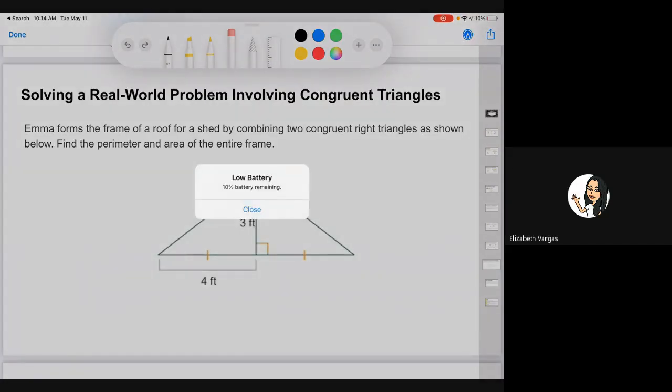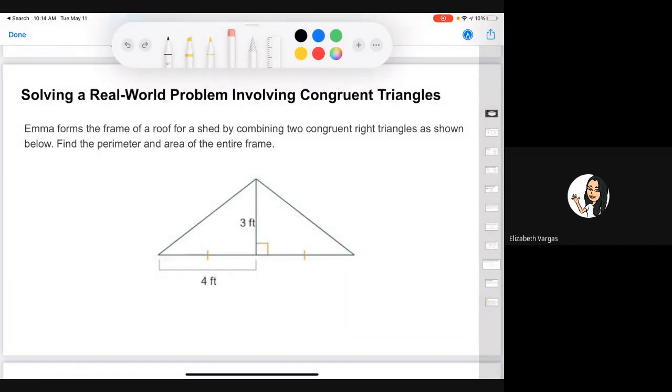So here's a quick example of a problem we might see. This one's a little bit more complicated, but we'll work through some more examples later. Basically what it says is, Emma forms the frame of a roof for a shed by combining two congruent right triangles. So what I know is these two triangles are congruent to each other.